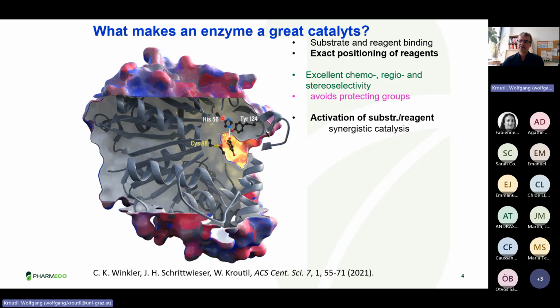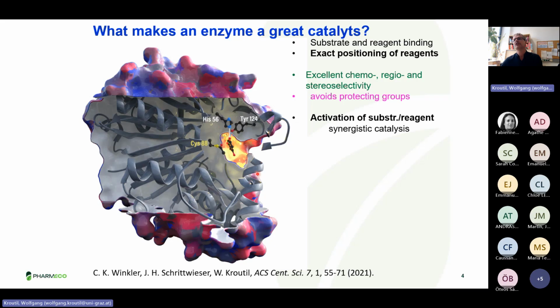What else is there? Well, you see here on top above the substrate in the active site some residues. On the one hand, those residues are involved in binding, but those residues may also be involved in activation of the substrate or the reagent. And we have not only one or two, but in general several around the active site.